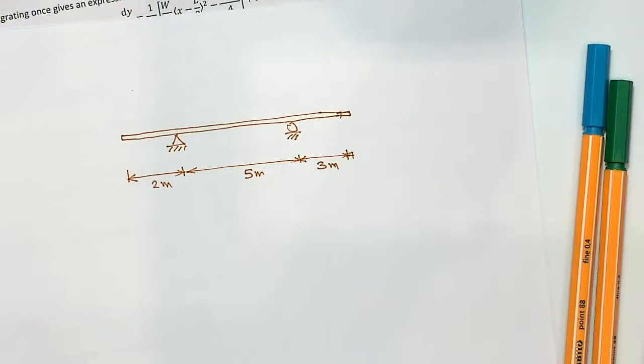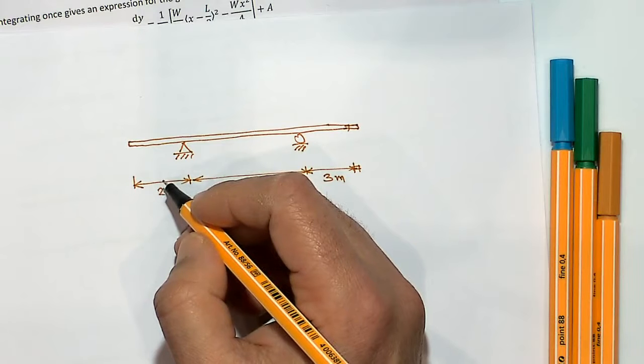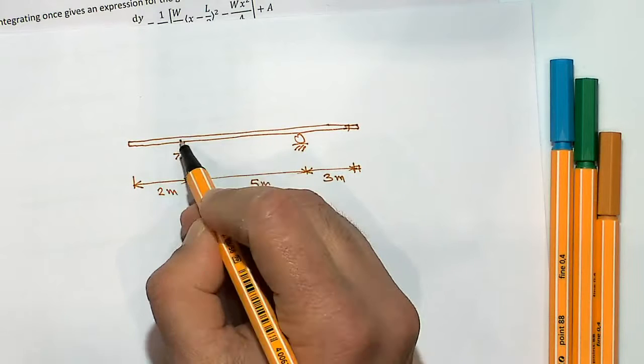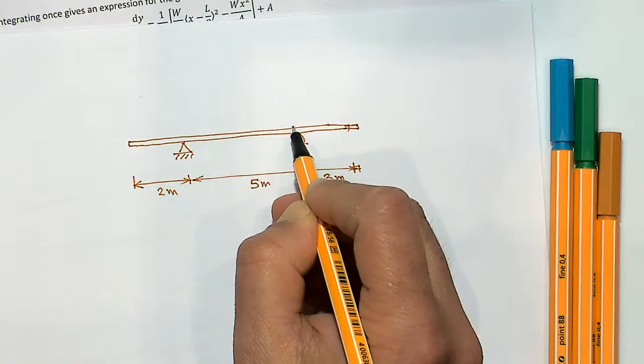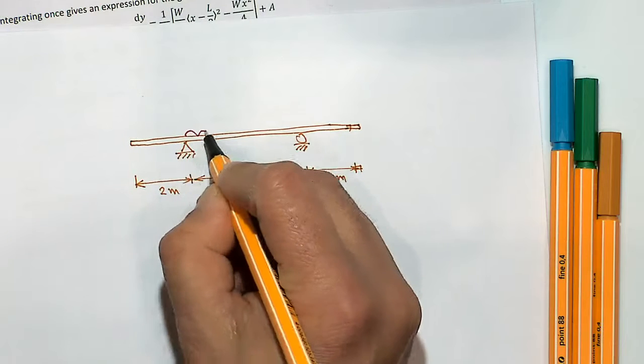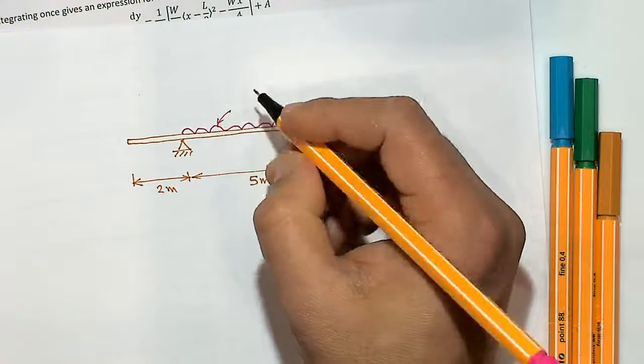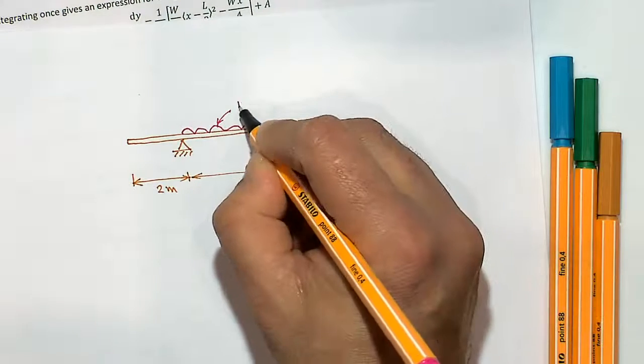Okay, any idea about the load? What sort of load you want to put in? So here UDL, let's put on the midspan some UDL. Any values? 10 kilonewton per meter.